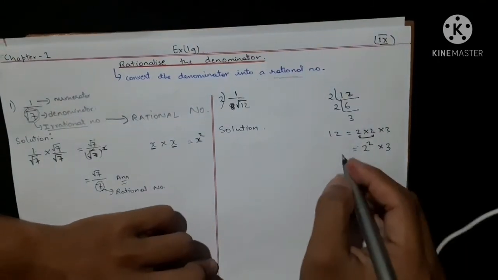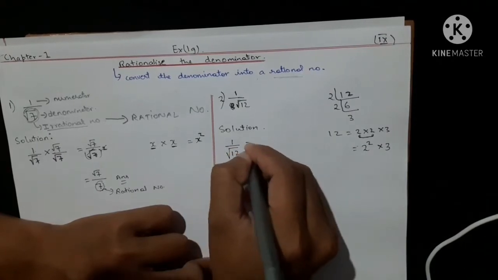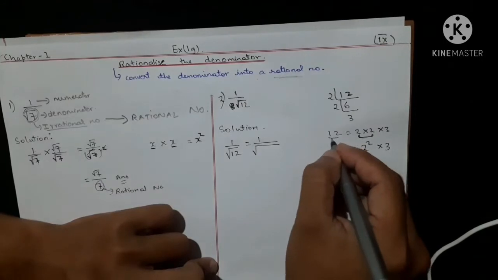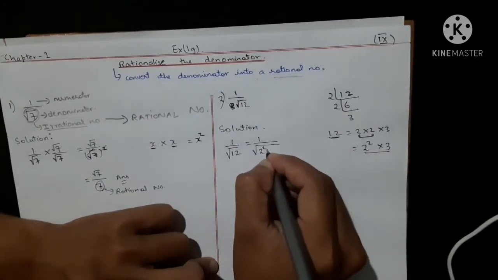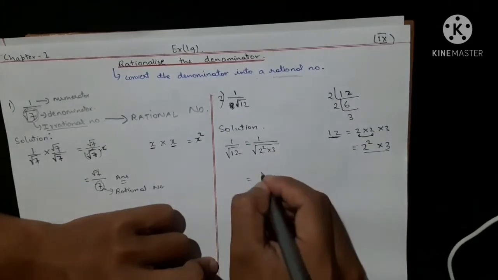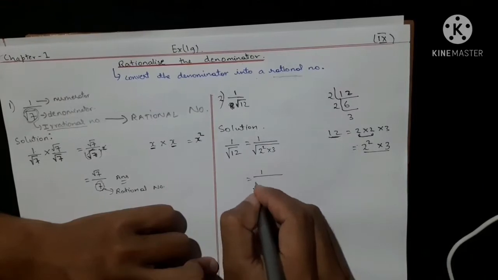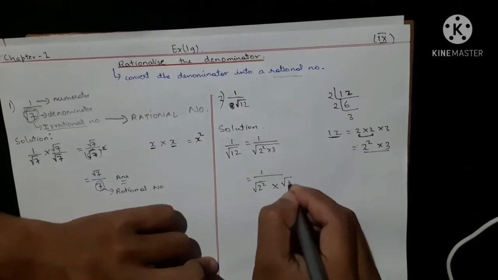So then we put this in: 1 by square root 12 equals 1 by square root, and in place of 12 we put 2 square into 3. And by using the laws of indices, we can separate them. So we have square root 2 square multiply square root 3.